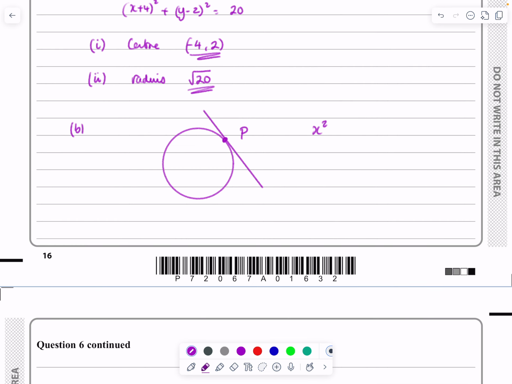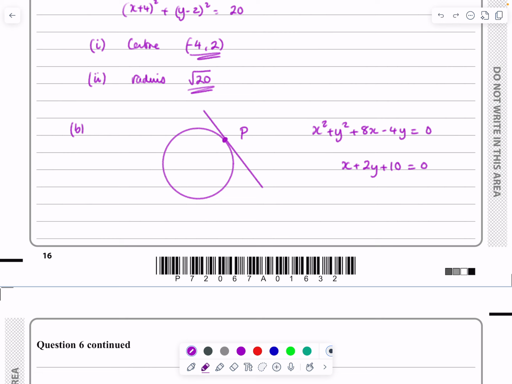I've got x squared plus y squared plus 8x minus 4y equals 0. That's the circle. And the straight line is x plus 2y plus 10 equals 0. So if I try and solve those two simultaneously, that's going to give me the coordinates of point P here.